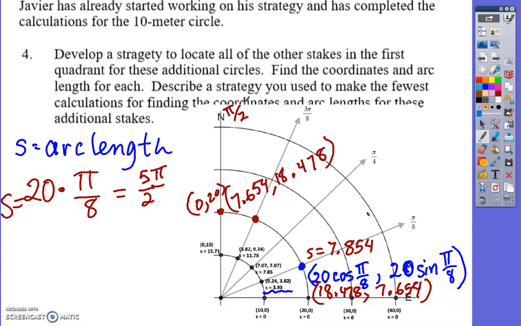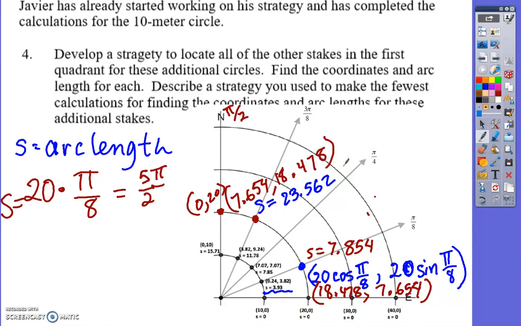And using the shortcut for S, so 20 times 3/8 is 15/2 pi, which is approximately 23.562.